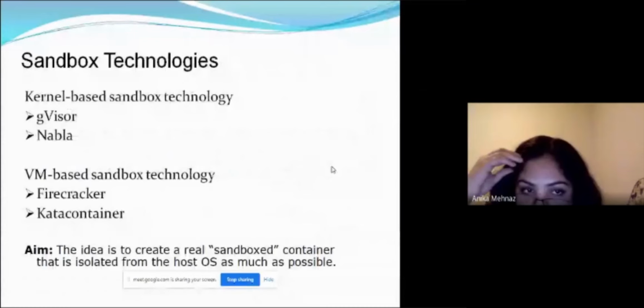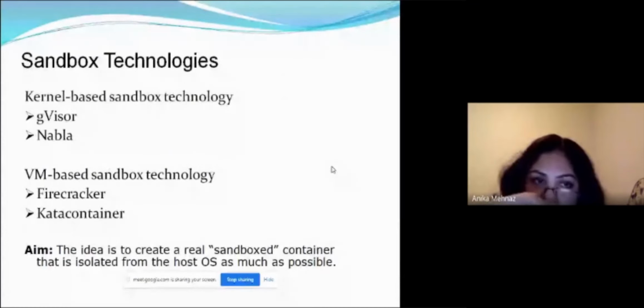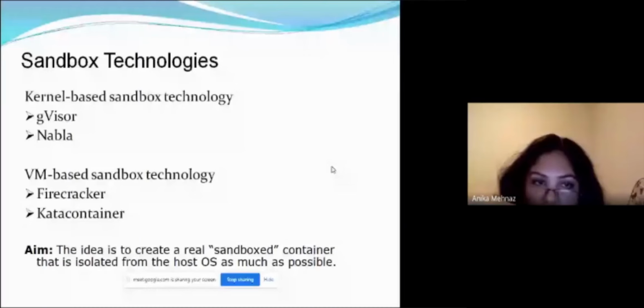The first category is kernel-based sandbox technology, which provides protection based on their kernel architecture. These are gVisor and Nabla. The second is VM-based sandbox technology, which are Firecracker and Kata Containers.